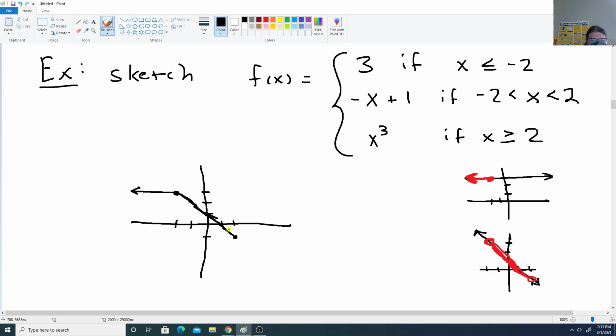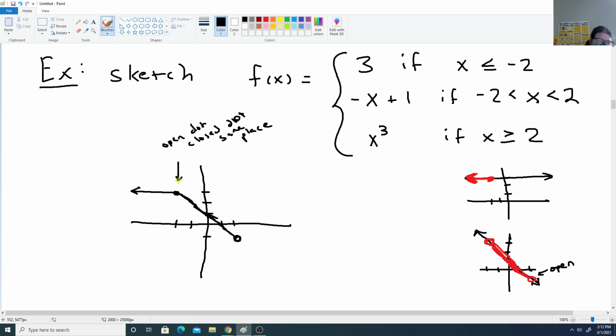So then to finish up, we say, okay, what about x cubed? I stopped here with the closed dot. I need to stop there with an open circle at 2, -1, because we had an open circle there. The reason that this one was closed is because we had an open dot and a closed dot at the same spot.